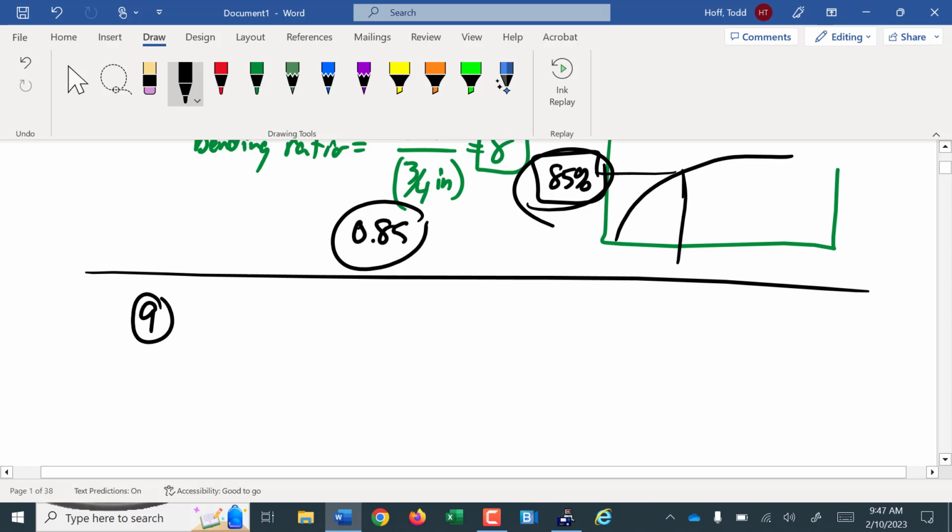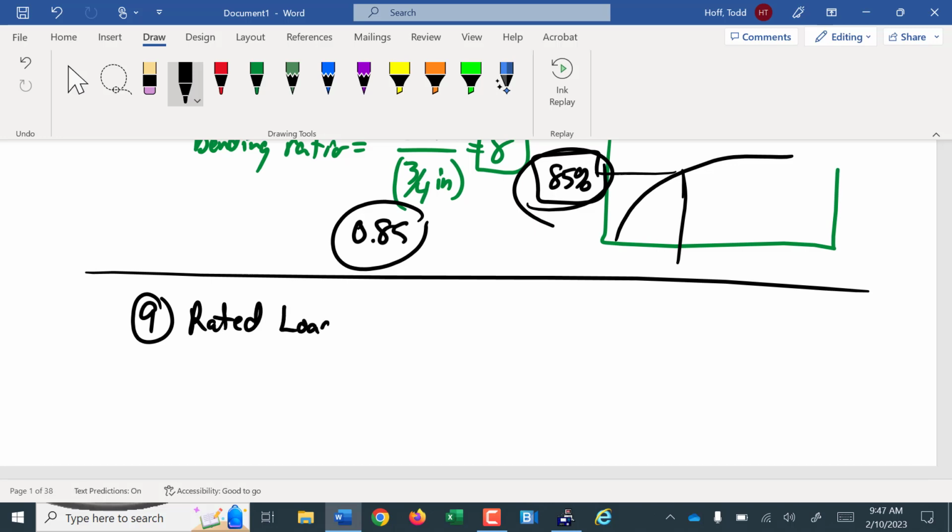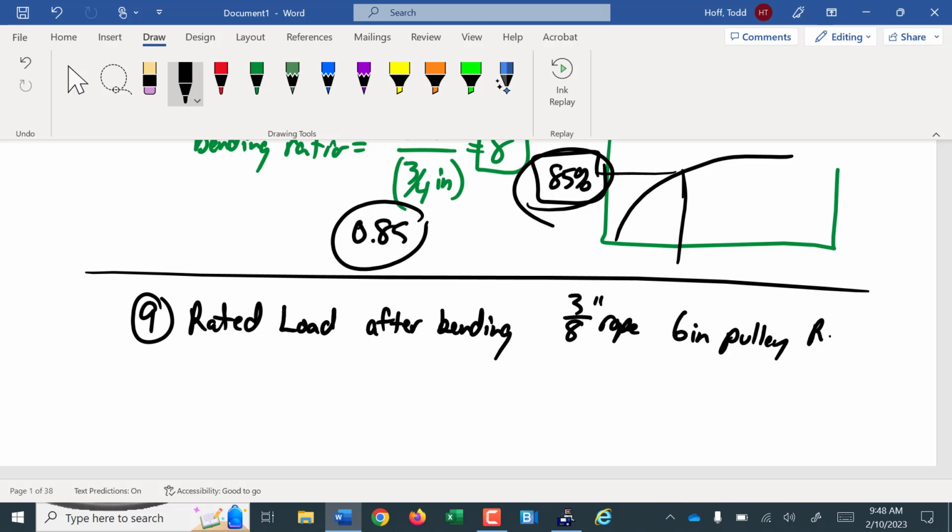Number 9. Find the rated load after bending for a 3/8 inch rope on a 6-inch pulley when the rope is rated for 2,380 pounds.